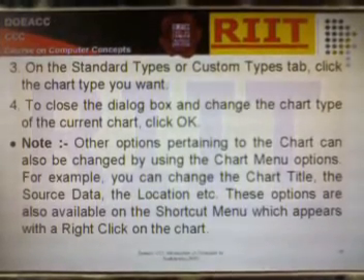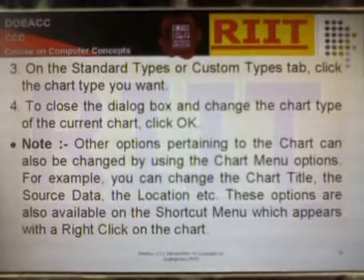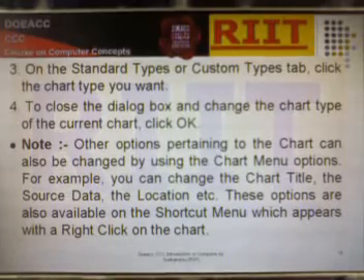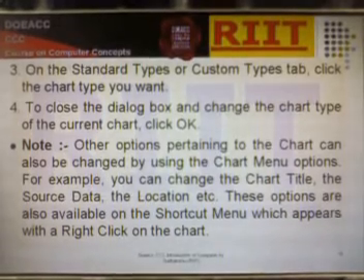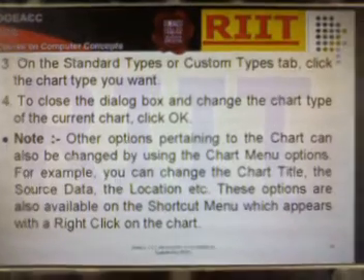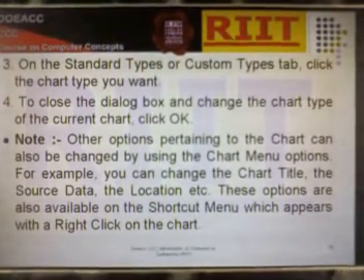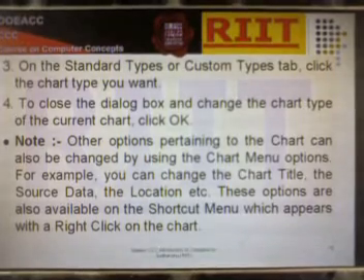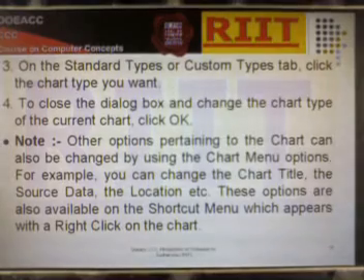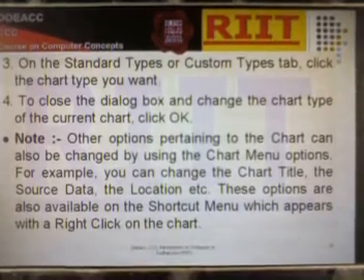Other options pertaining to the chart can also be changed by using the chart menu option. For example, you can change the chart title, the source data, the location, etc. These options are also available on the shortcut menu, which appears with a right click on the chart.